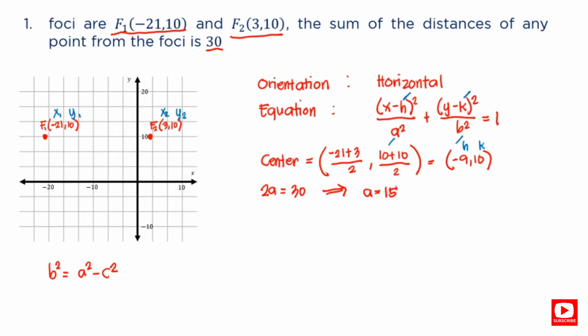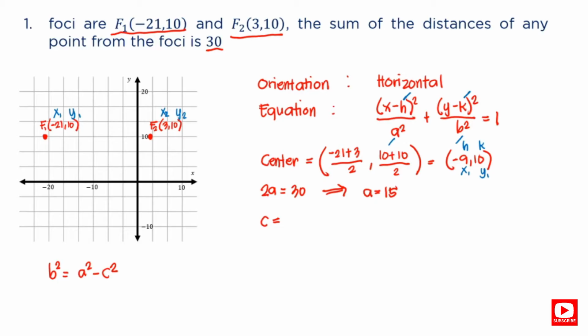So therefore, since we have the foci here and we also have the center, we can solve for the value of c using the distance formula, right? And c is just equal to, suppose I'm going to use F sub 2 instead. So this is my x sub 2, y sub 2, and this will be my x sub 1, y sub 1, so that I can use the distance formula.